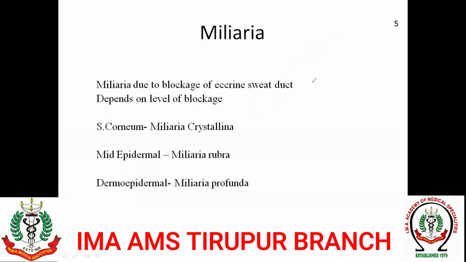In the mid epidermis, it is called miliaria rubra. The mid epidermis is the prickle layer, spinous and granular layer. When the obstruction is in that layer, we call it miliaria rubra or prickly heat.